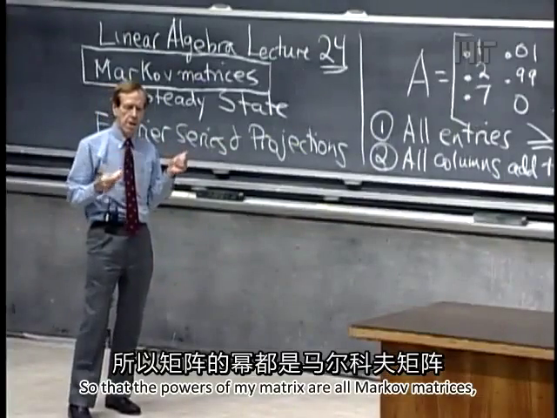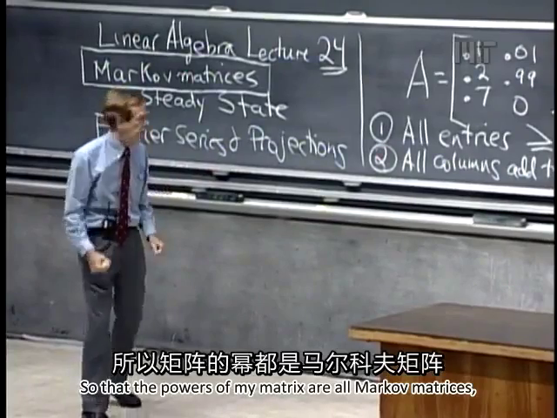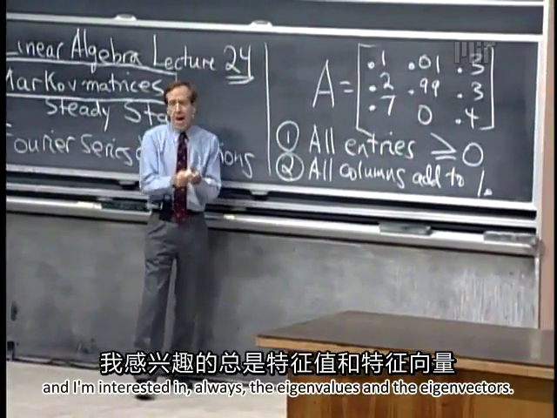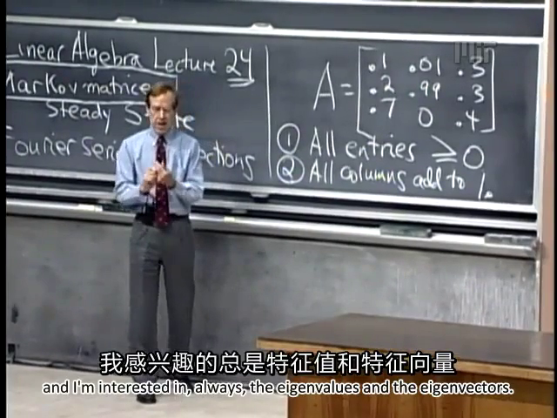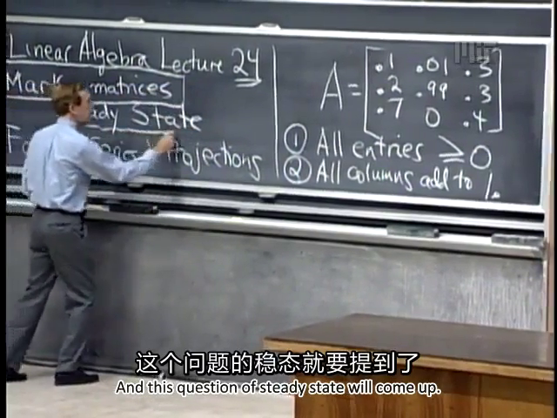So the powers of my matrix are all Markov matrices, and I'm always interested in the eigenvalues and the eigenvectors. And this question of steady state will come up.